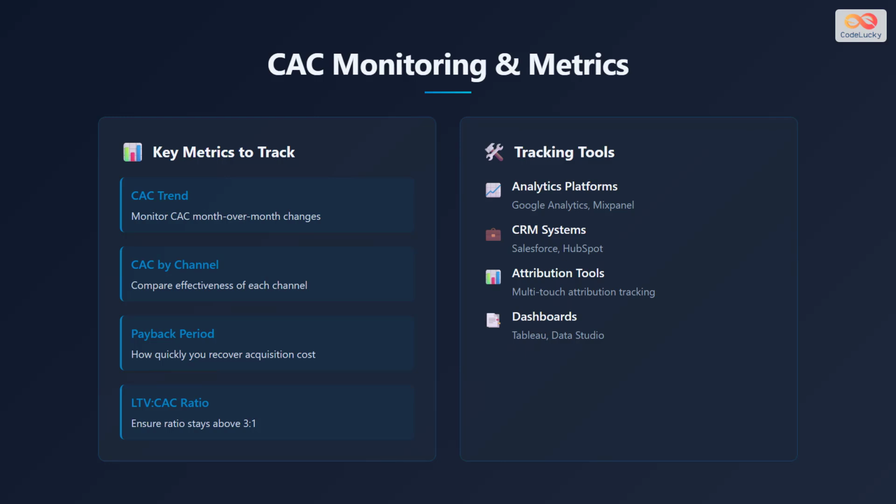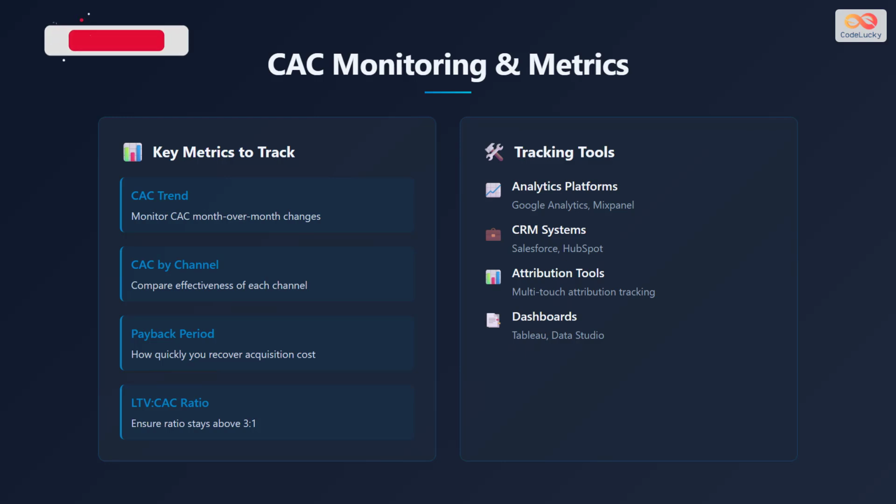To succeed with CAC, you need to monitor it continuously. Track these key metrics. First, CAC trend, which shows how your cost changes month over month. Second, CAC by channel, so you can compare which channels are most efficient. Third, payback period, which indicates how quickly you recover your investment. Fourth, your LTV to CAC ratio, to ensure it stays above 3 to 1.